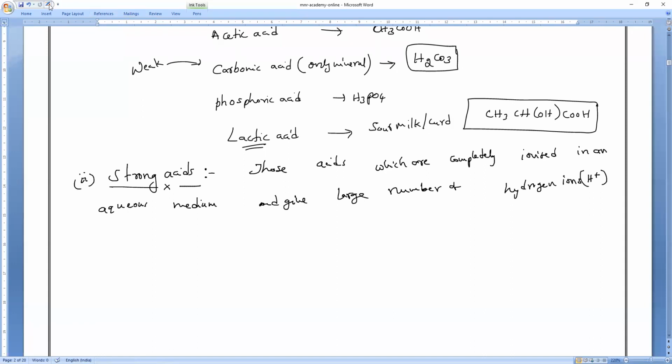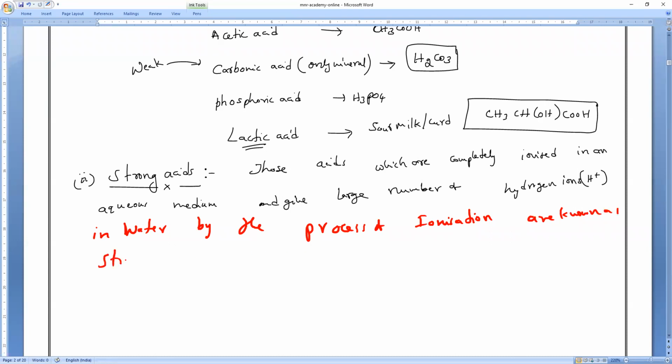That is what you have to remember. Acids that produce hydronium ions, hydrogen ions, in water by the process of ionization are known as strong acids.